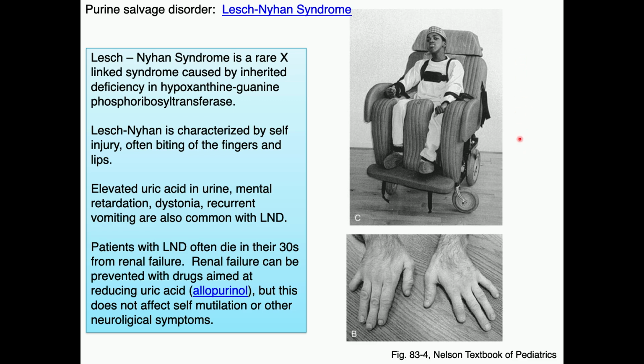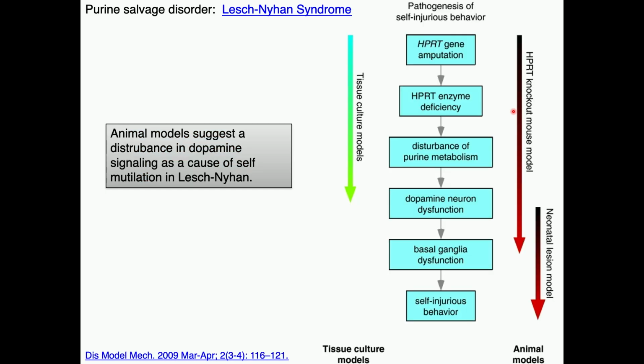So human behavior is complicated, certainly, and because this is a very rare condition, it's hard to get the exact pathophysiology about why this happens, but there are some cell culture models and animal models that can recapitulate some of the behavioral features of Lesch-Nyhan, and dopamine signaling in the central nervous system is implicated in that kind of odd self-injurious behavior.